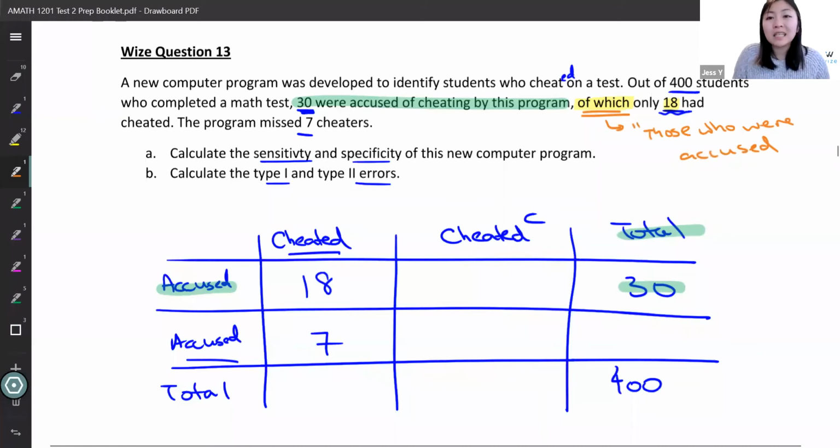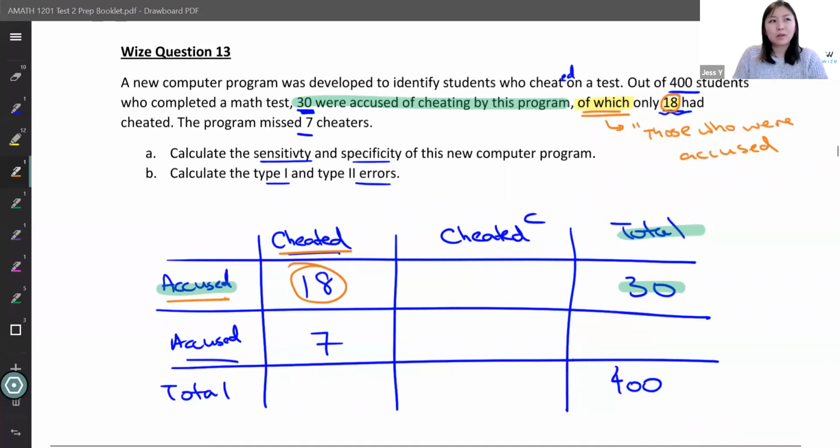Meaning that this 18 doesn't just represent the total people who cheated. This 18 represents the people who cheated and were accused. That's why the 18 goes here, the overlap between accused and cheated. Okay, so that's the difference between that 18 and the 30. Let me know if that makes sense because I know that's usually the tricky part.